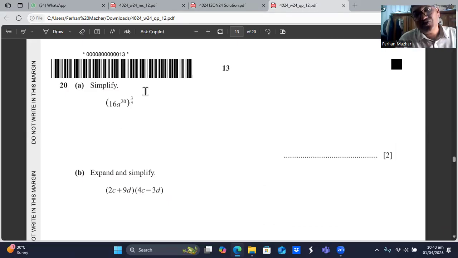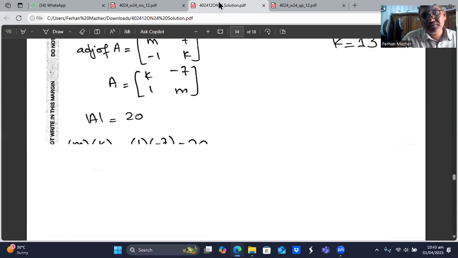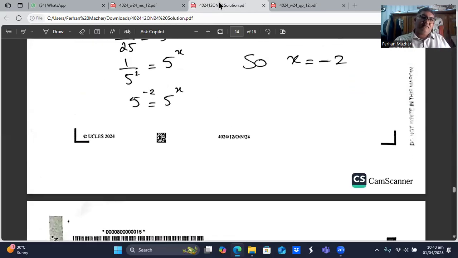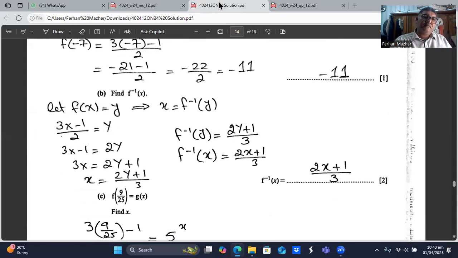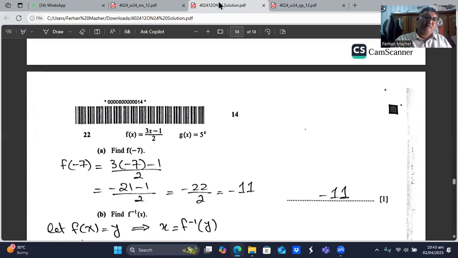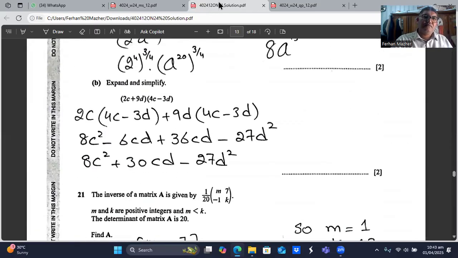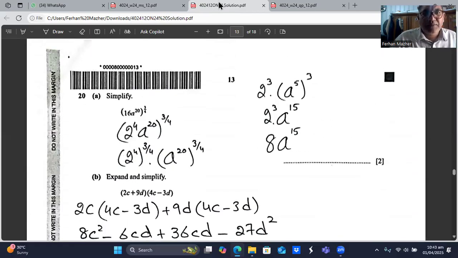You know 16 is 2 raised to power 4. So you can write 16 as 2 raised to power 4. In the place of 16, I can write 2 raised to power 4.